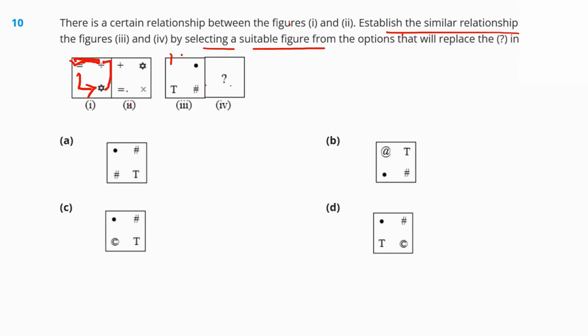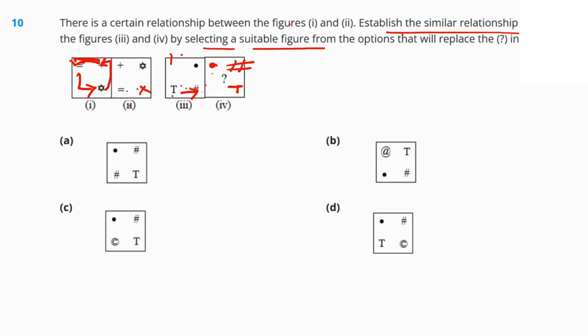This setting symbol has shifted here. So they are moving in anti-clockwise direction at 90 degrees and one new symbol is introduced. So in this one also, if we need to do the same, the T should shift one position in the anti-clockwise direction. That's from here to here. The hashtag would come up here then. In that case, the dot should come up here.